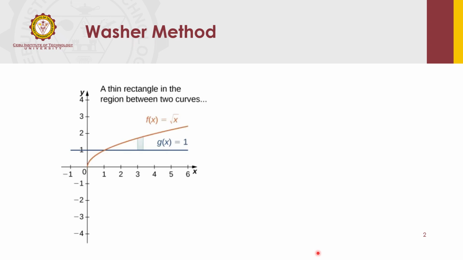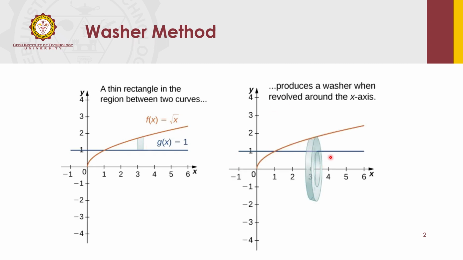For example, when a region between two curves is revolved around an axis, let's say the x-axis, a representative thin rectangle creates a washer-shaped slice with a thickness of dx and an inner radius that we are going to label r sub I, and an outer radius labeled using r sub O.